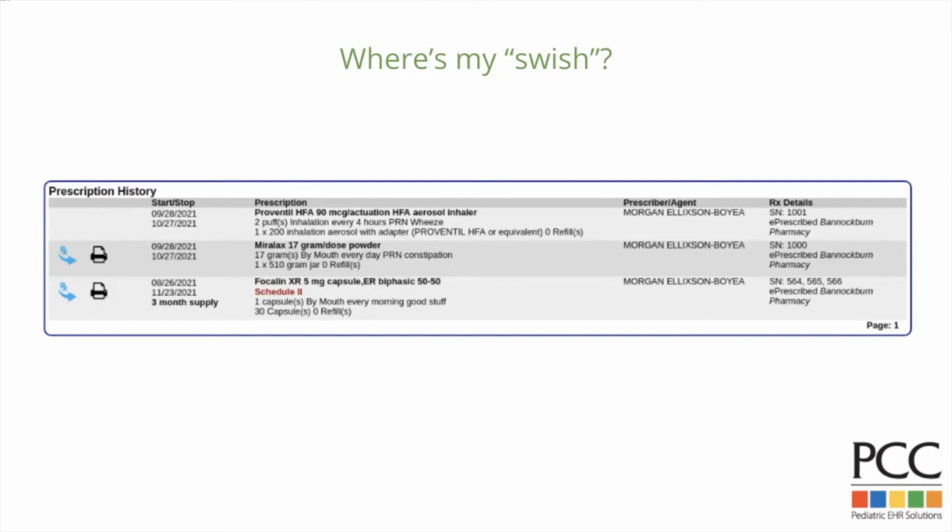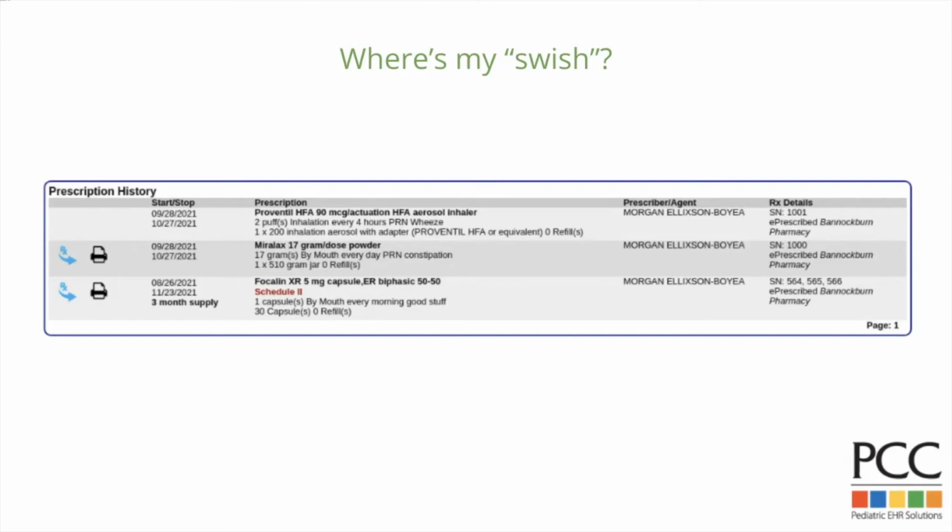So a couple things will happen with the swish. Usually why it's missing, if you think about a visit from 6 months ago and you wrote for this Proventil and the patient's back in the office, but you might have been looking at the chart before they came in to see what happened with the last visit.